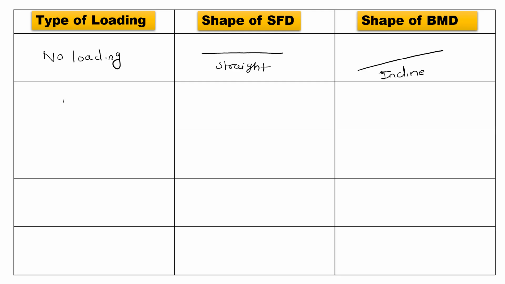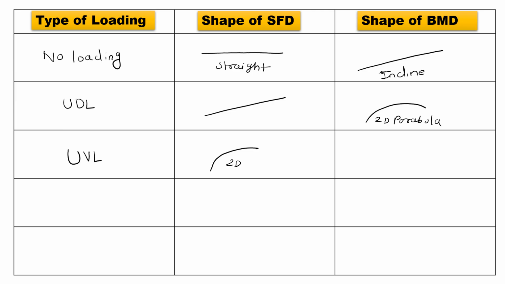Second, for UDL, uniformly distributed load, the line is inclined for the shape of SFD and a 2D parabola for BMD. Then for UVL, uniformly varying load, a 2D parabola for the shape of SFD and a 3D parabola for BMD.